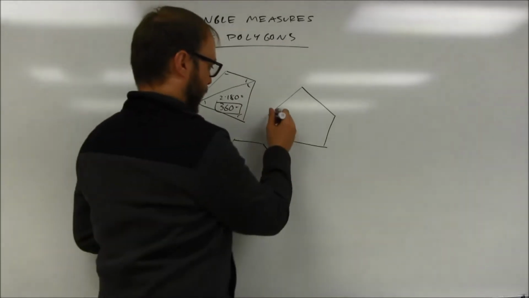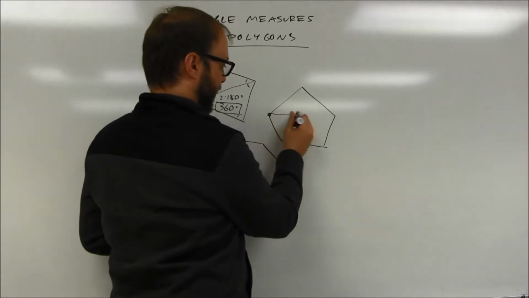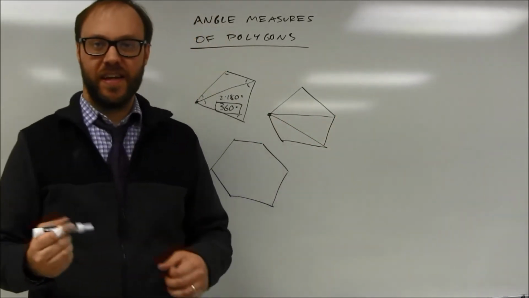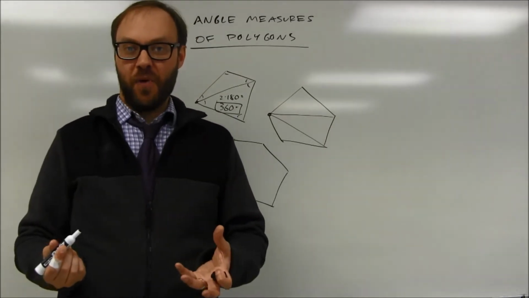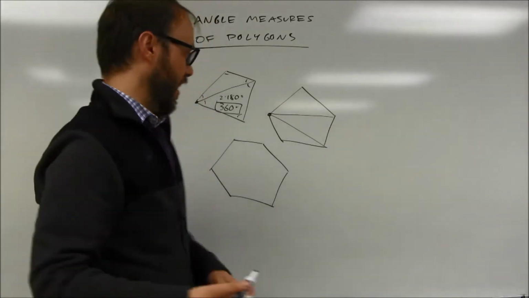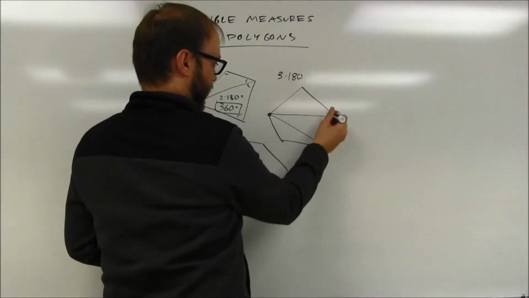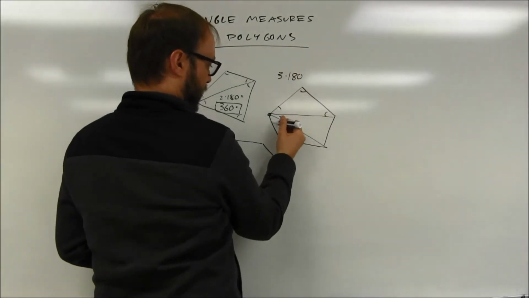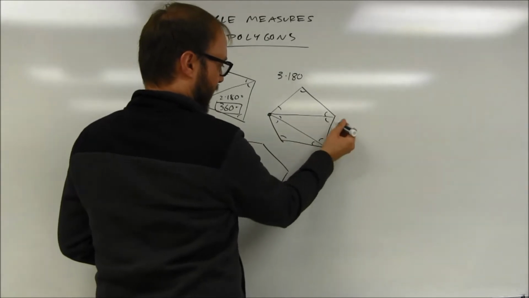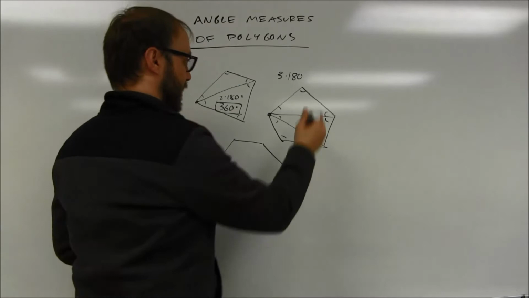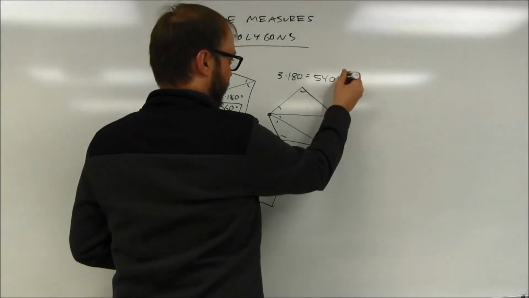Here's a pentagon, okay? If I pick one vertex and I break this pentagon up into triangles, you can see it has 5 sides, breaks up into 3 triangles, okay? So I can take 3 times 180 degrees for each of these triangles. Notice that the angles of the triangles are completely making up the angles of the pentagon. 3 times 180 is 540 degrees, okay?